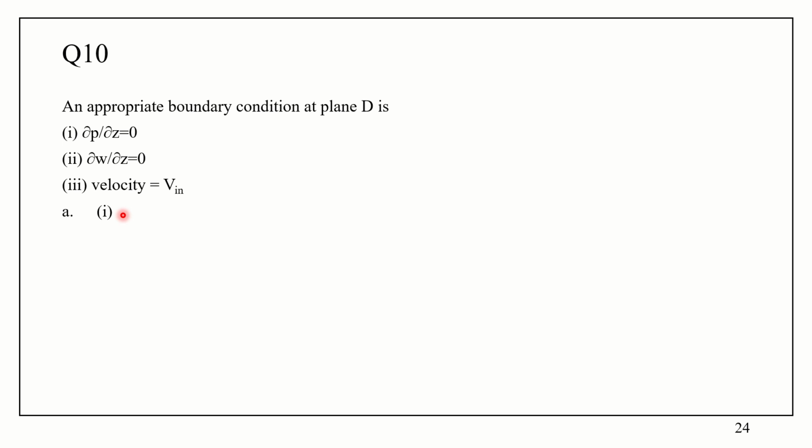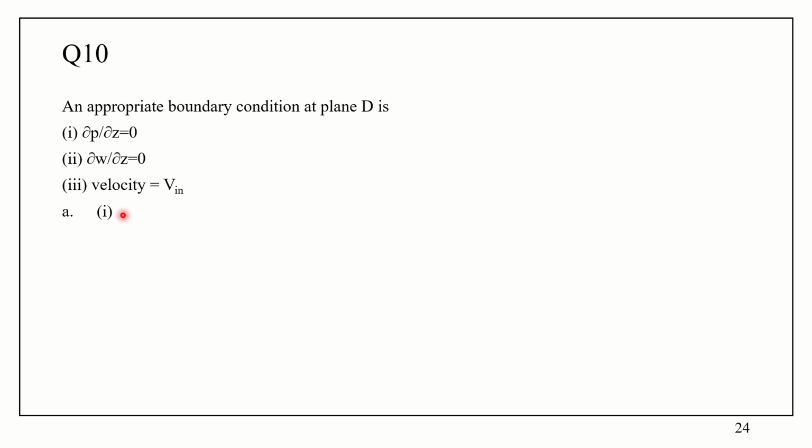Boundary conditions are nothing but we are giving some conditions based on the physics, based on the actual reality. So like at that point pressure is open to atmosphere, at this point velocity is equal to this value. So those kind of things which we are giving is known as boundary conditions. So in our case of interest, it is the flow through the rectangular duct, and plane D is nothing but the outlet plane.